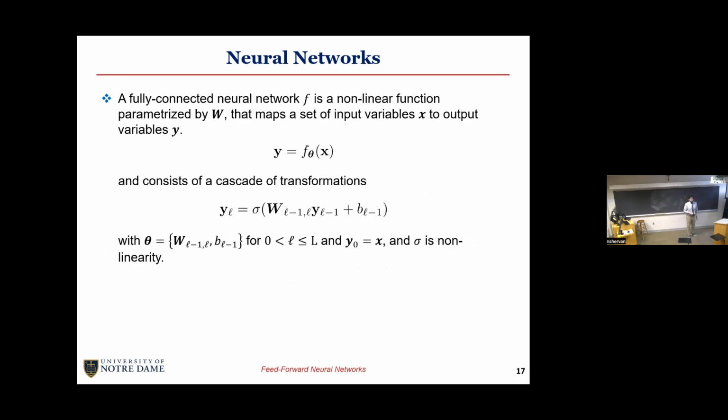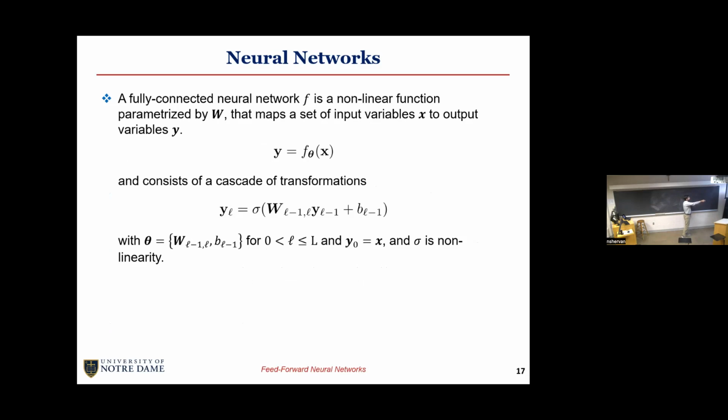So we will start with a fully connected feed-forward network, and that's what we really want to think about at this point, on just the networks that work on Euclidean data. Let's say that we have this map from X to Y, we call it f of theta, and this map is essentially a cascade of layers.